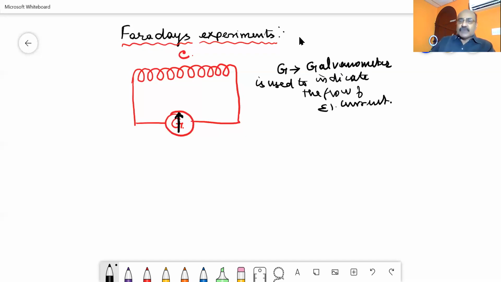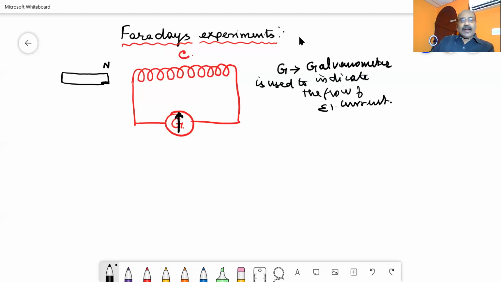Now, what you have to consider? You consider a bar magnet, which is kept nearer to this coil of wire. The bar magnet has the north pole at one end and the south pole at the other end.